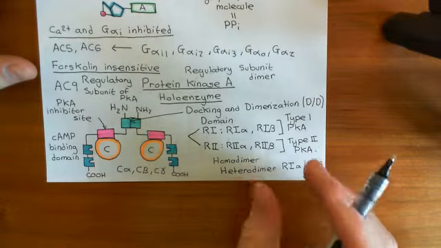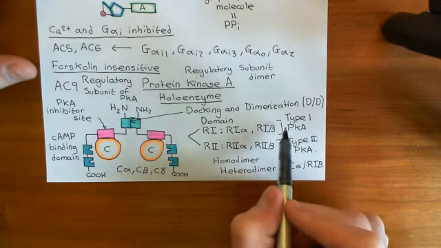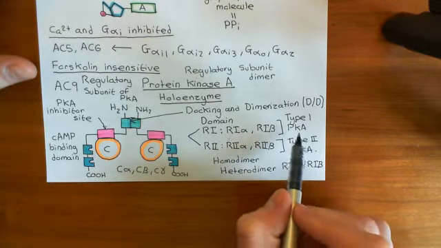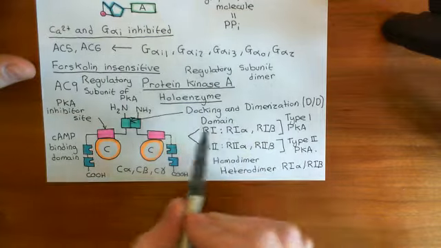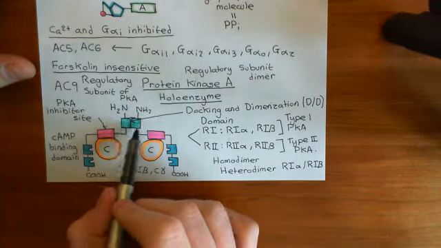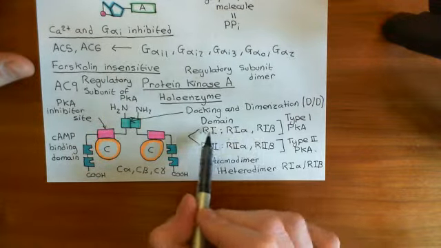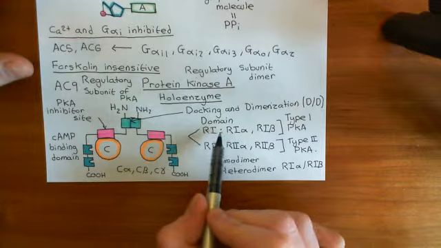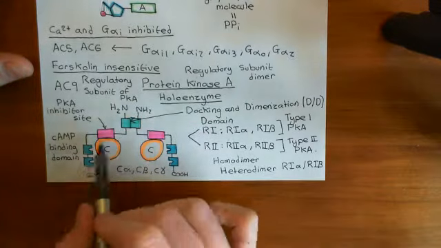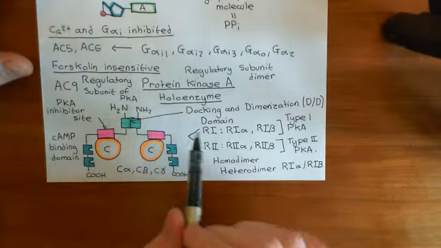Okay, right. So basically, type 1 protein kinase A enzymes are generally free within the cytoplasm. So this holoenzyme that I've drawn here, if these regulatory subunits in the regulatory subunit dimer are made out of type 1 regulatory subunits, then the holoenzyme generally is free within the cytoplasm.